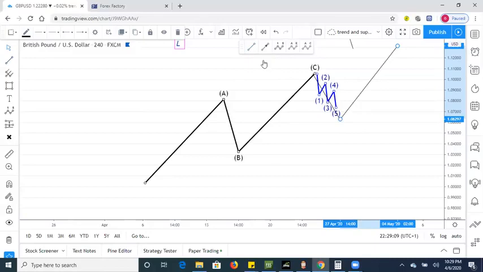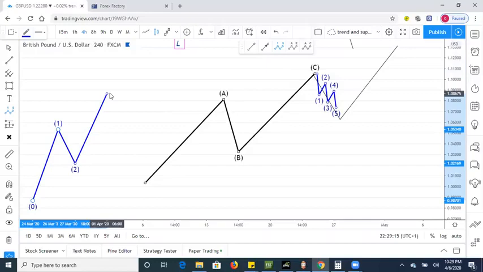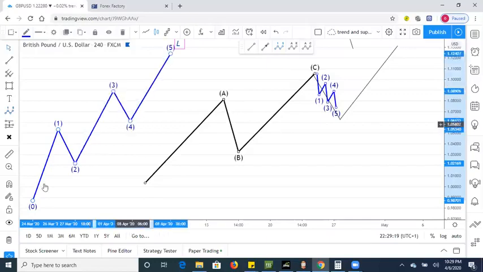Now, usually, this is what you see. Most textbooks will give you things like this, right? You'd notice that from wave 0 to 1, it's longer than 1 to 2. 2 to 3 is longer than 3 to 4.